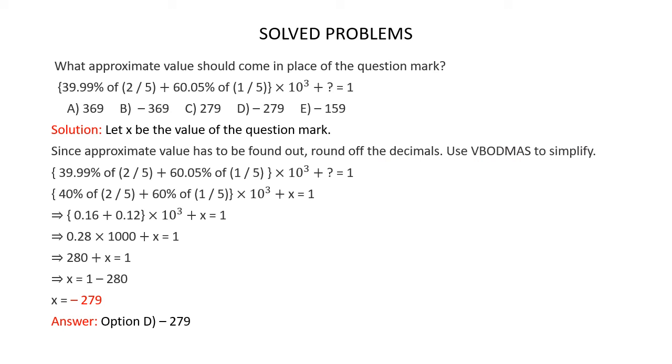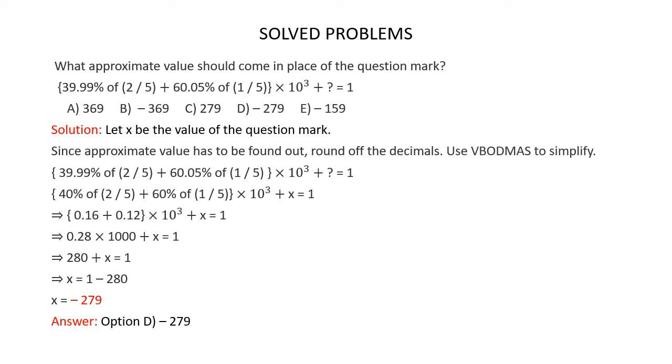So 39.99 is rounded off to 40, 60.05 is rounded off to 60. So now you have the equation as 40% of 2 by 5 plus 60% of 1 by 5 multiplied by 10 cubed plus x is equal to 1.